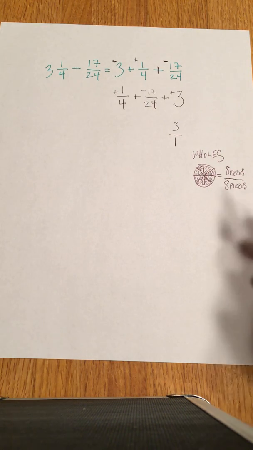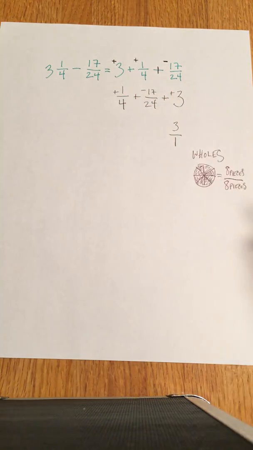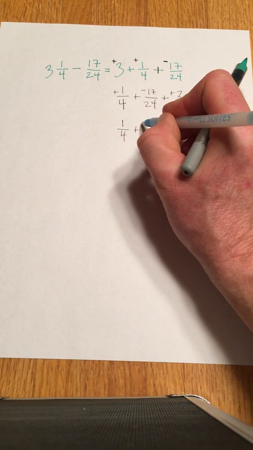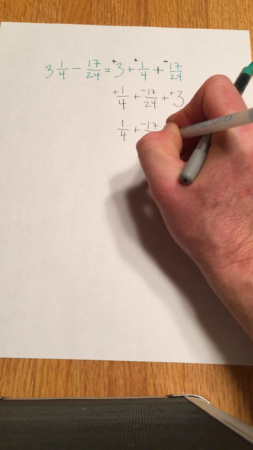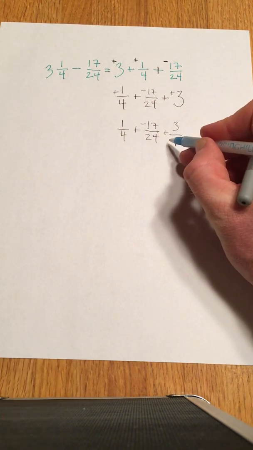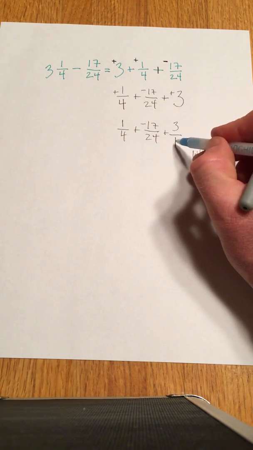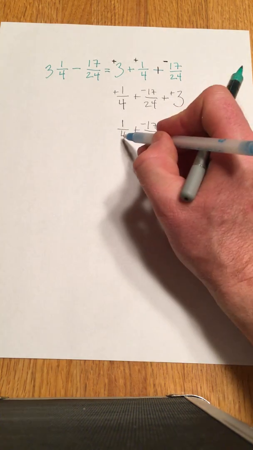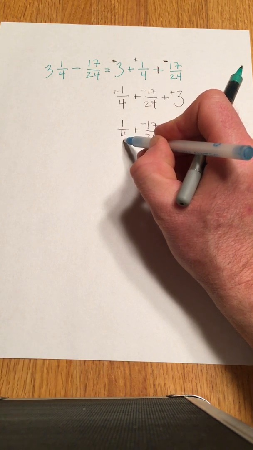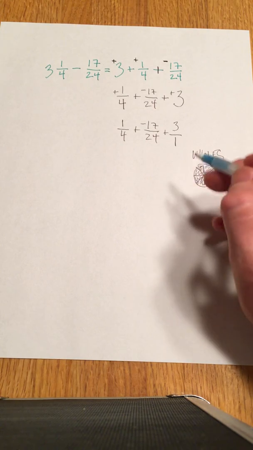Okay, so up here, if I'm going to rewrite this expression, let's bring the 1/4 down and the negative 17/24 down, and then I've got my positive 3 over 1. If we go ahead and make all of these denominators the same, in order to turn the 4 into a 24, I'm going to have to multiply it times 6.